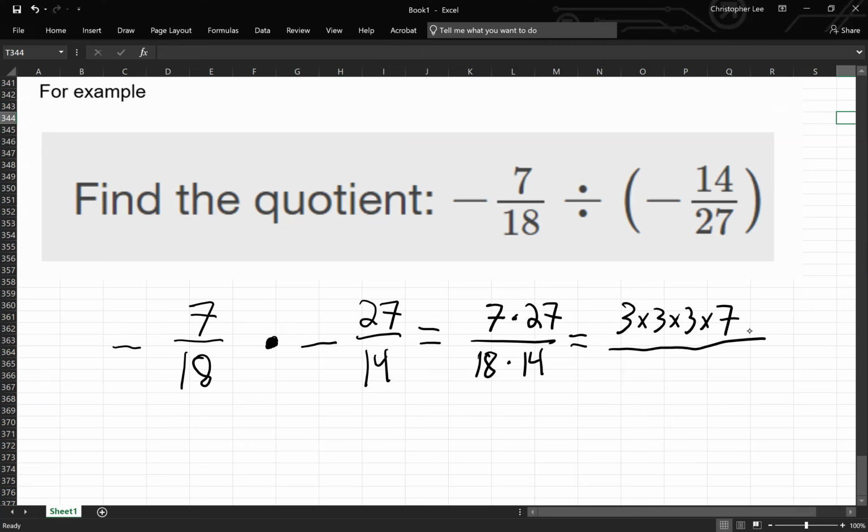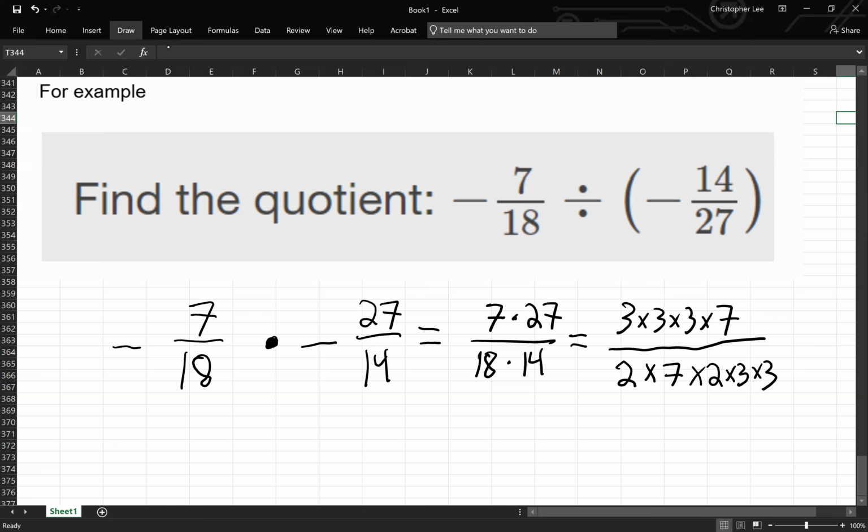That's the top. You can do the same thing with the bottom. 14 is 2 and 7. 18 is 9 and 2, but 9 is really 3 times 3, so this is 2 times 3 times 3.